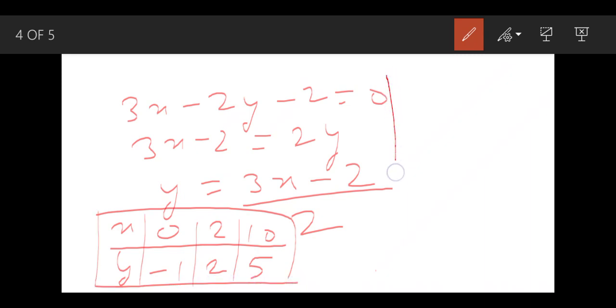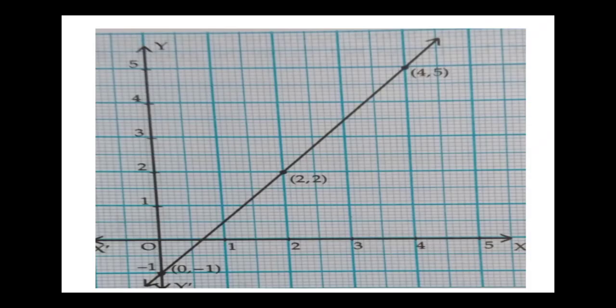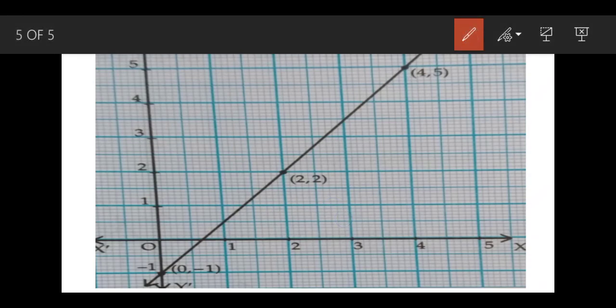Now we have got the coordinates 0 comma minus 1, 2 comma 2 and 4 comma 5. We can plot these points on the graph and join them. See here, it is 4 comma 5, 2 comma 2 and 0 comma minus 1.